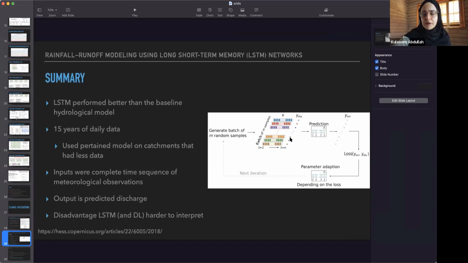They show in the paper, and this was also in the previous paper, how you would take your data, say in this case the 15 years of daily data, and set it up for training. So what they did is they took batches of it over time. Let's say you have your 15 years.